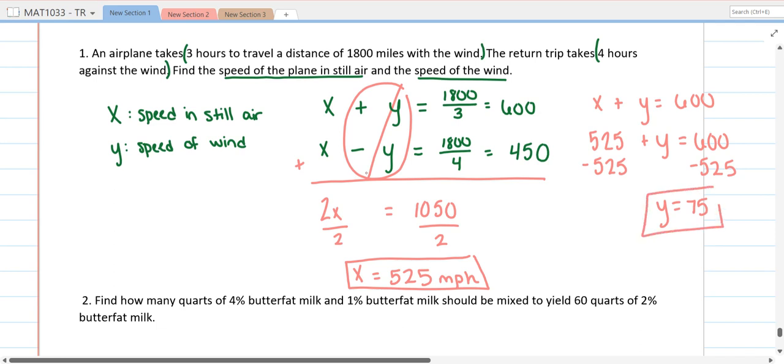That's actually really high wind to be flying a plane in, but the wind is 75 miles per hour. So that's how you set that type of problem up: the x plus y, x minus y. Just make sure that if you're given a time and a distance, you find that miles per hour.